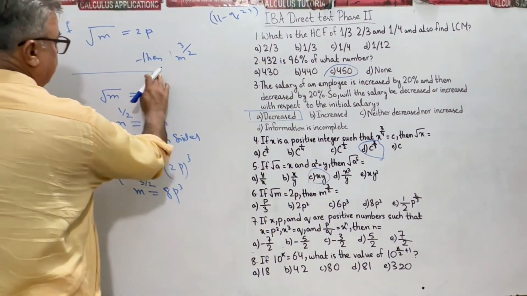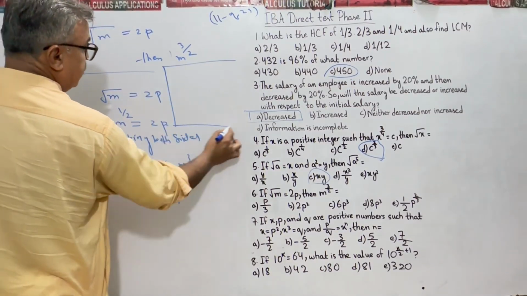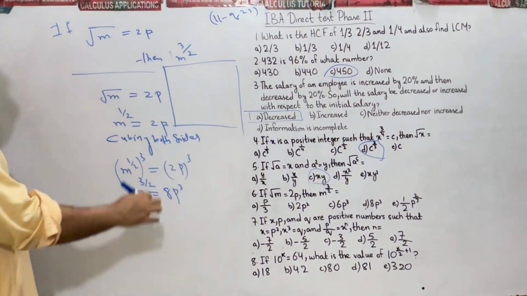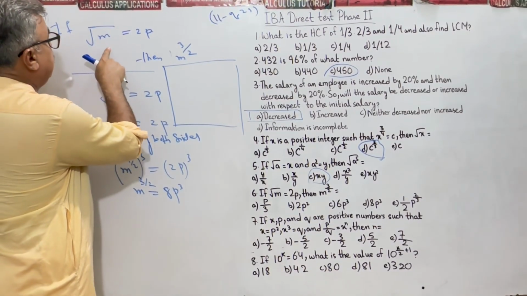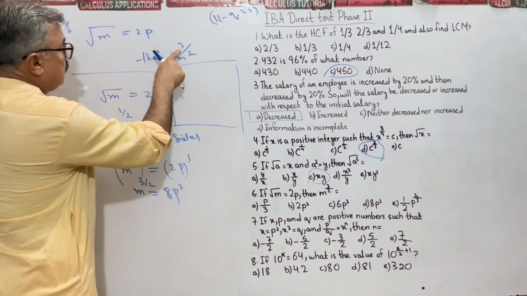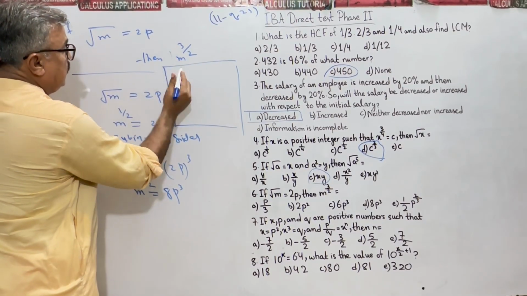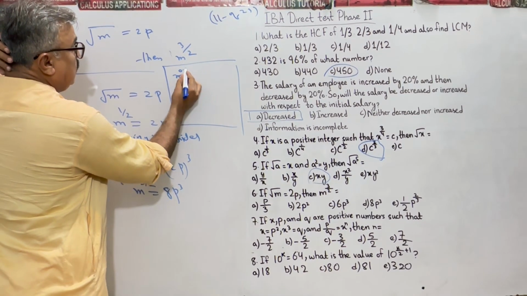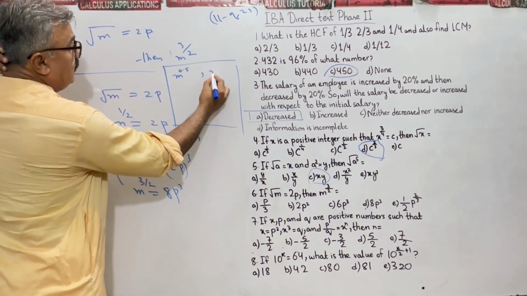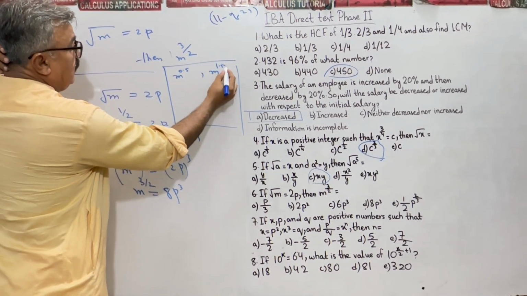Or one can manipulate it in a different fashion, if somebody has the IQ. There is root m, which is m raised to 1 over 2, that means 0.5. There is 3 over 2, which means 1.5. So I can write 1 over 2 as 0.5 and 3 over 2 as 1.5.